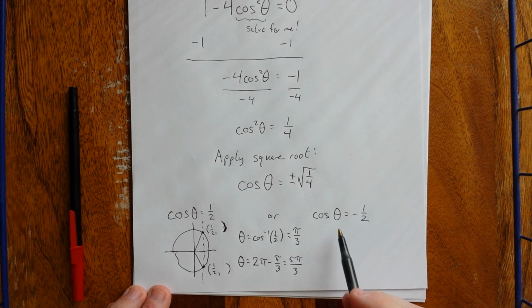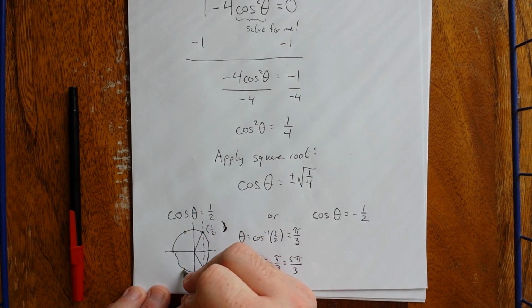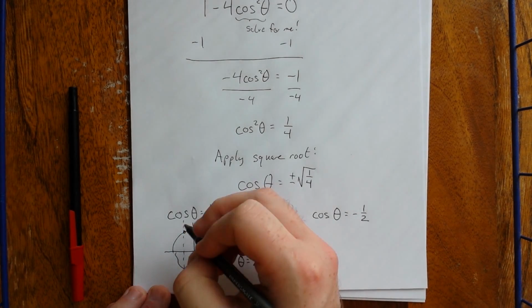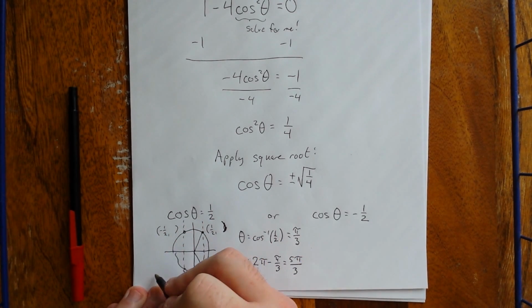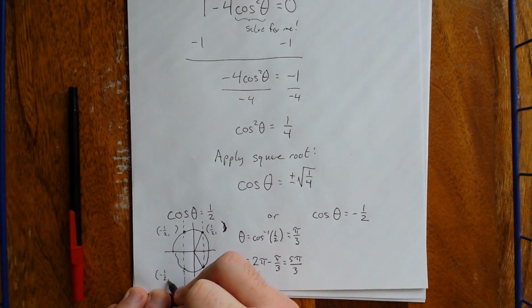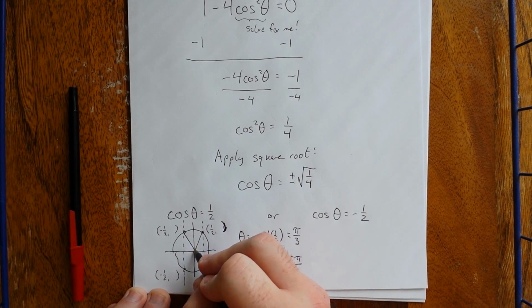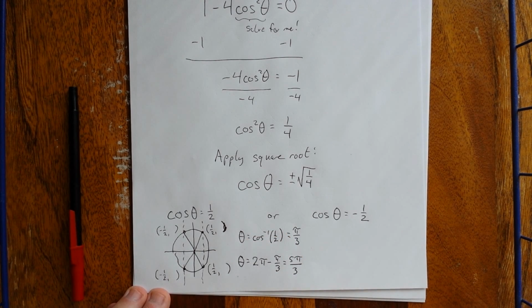Now for our other guy, the cosine of theta is equal to negative 1/2, we're actually going to use a little bit of symmetry here. There are two different values, one in quadrant 2 and one in quadrant 3, where the value of the cosine is negative 1/2. And again, we don't really care what the y value is. The good news is that these four angles are all reference angles of each other.